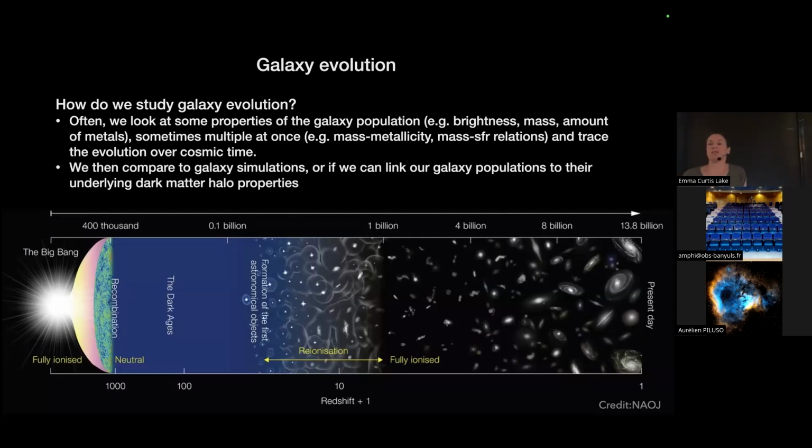These could be just simple properties, even like brightness, mass, amount of metals, plotting some against the other, and looking at how they evolve. You hope you've got some physical intuition as to why they're evolving, and you hope you have them reproduced in some galaxy simulations, and then you can really start to interpret your physical processes. But in essence, this is where you can start.